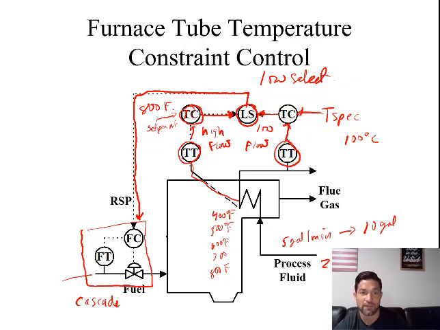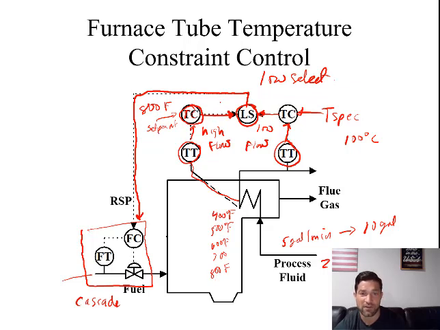When this is at 800 Fahrenheit and this is at 800 Fahrenheit, the error here is 0. If this is at 100 and this is at 100, the error is 0 here. These two have the same signal. The valve position now is at a maximum. If this flow rate continues to increase and the temperature here drops below 100, let's say it drops to 95, now these tubes are at 800.